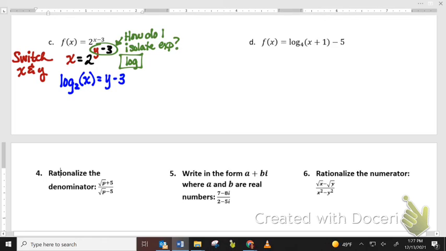How do I isolate y now? Plus 3 on both sides. Does that combine with my x? No. Then please make sure x is inside parentheses, because otherwise I can't tell whether it's part of the argument or not. If you just put log base 2x plus 3, I am unclear. So I would have f inverse of x is equal to log base 2 of x, plus 3.